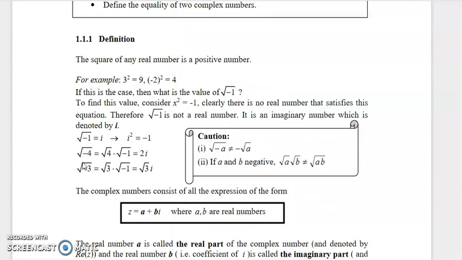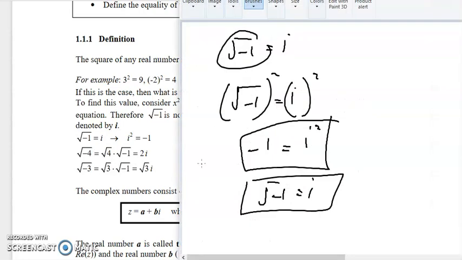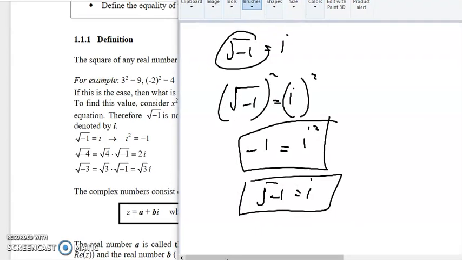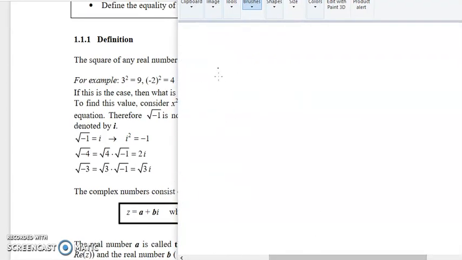Then the next one, we are having the square root of -4, right? By using the square root properties, we can write it this way: the square root of 4 multiplied by the square root of -1.